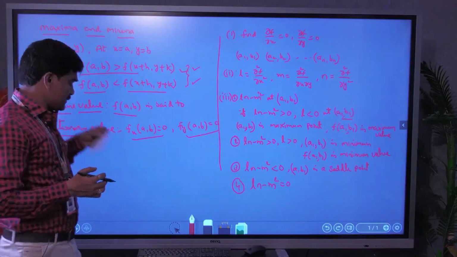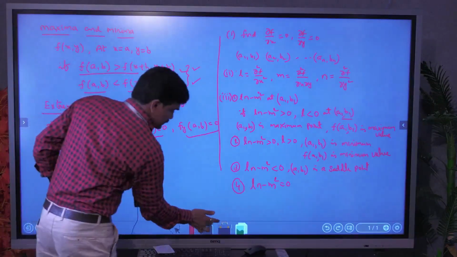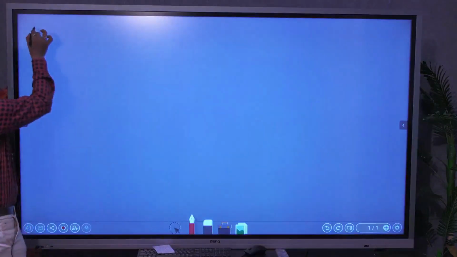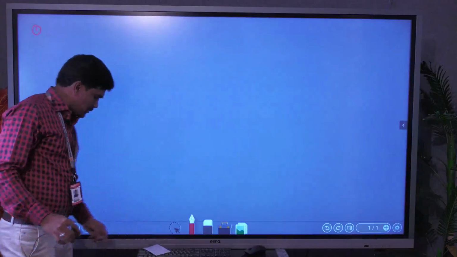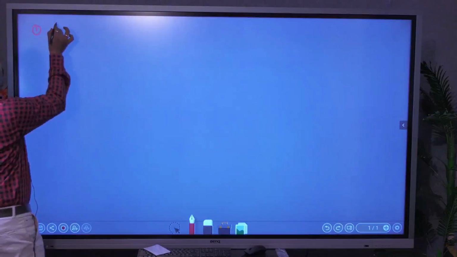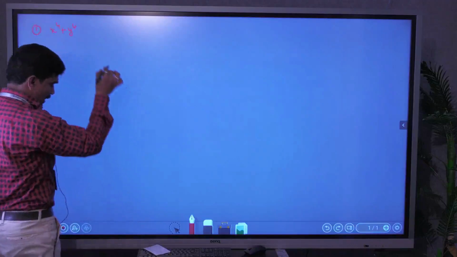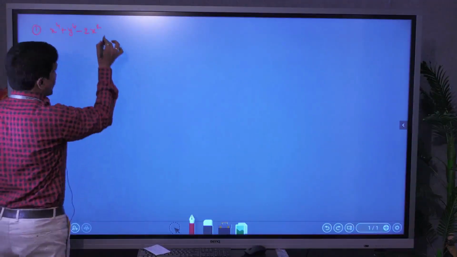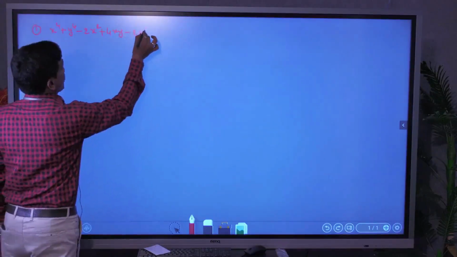Now let us take one example. The first example is: find the maxima and minima of x power 4 plus y power 4 minus 2x square plus 4xy minus 2y square.